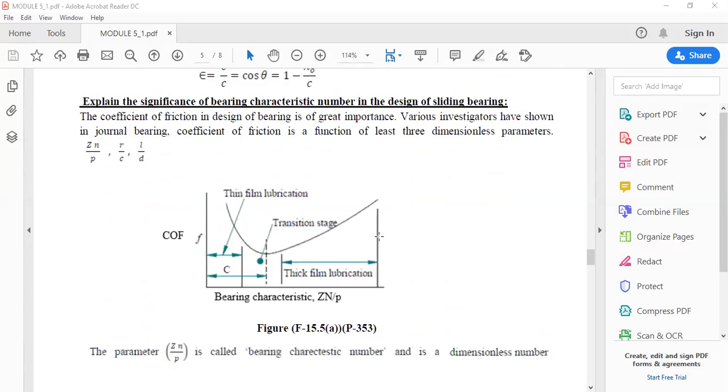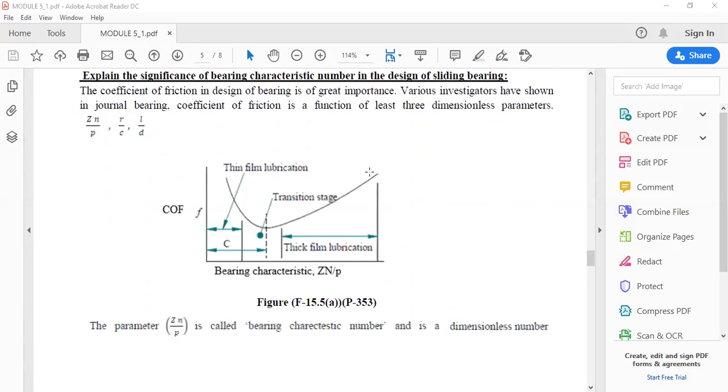The next thing is to discuss the significance of the bearing characteristic number.